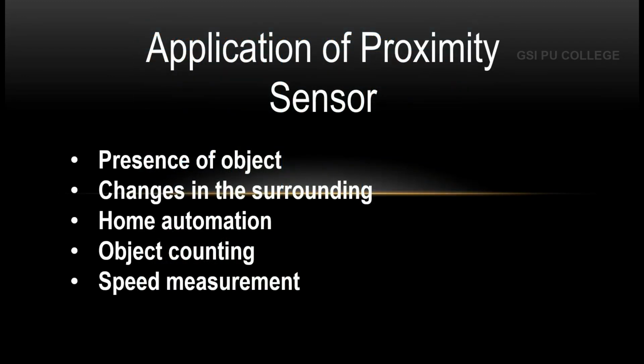Now let us look at the applications of this proximity sensor. It is used to detect the presence of any object without any physical contact. The second important application is that it is used to detect and measure any changes in the surrounding environment. It is also used in home automation systems, such as to turn on the light automatically when any person is present in the room.